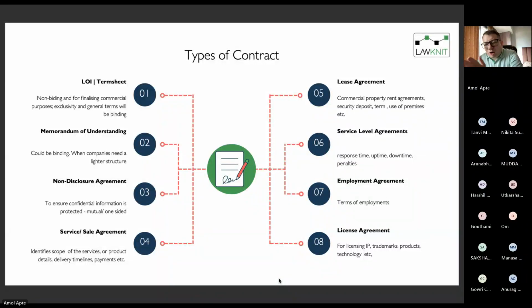Lease or leave and license agreements, that you come across on a daily basis when you deal with residential or commercial properties or godowns or any immovable property. Those are lease agreements. Typically, any rent agreement or an agreement where you actually get a license to use a particular immovable property is governed by these kind of agreements.